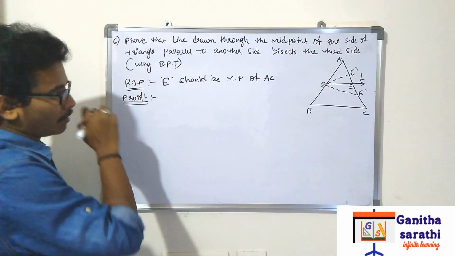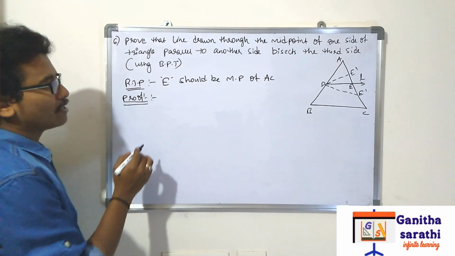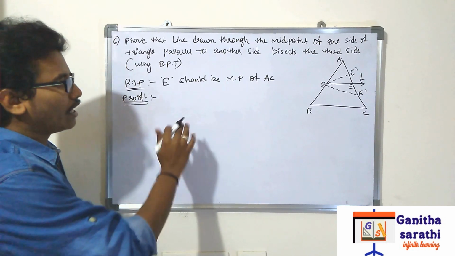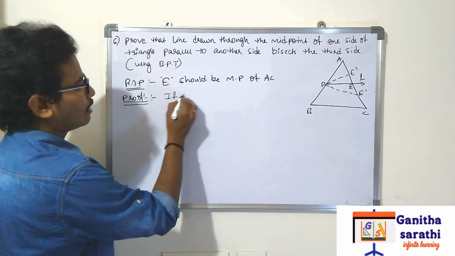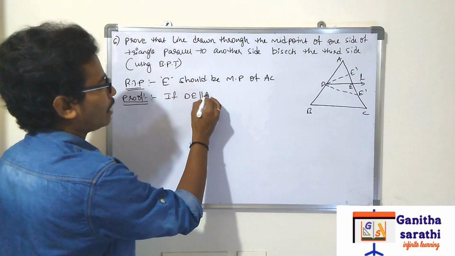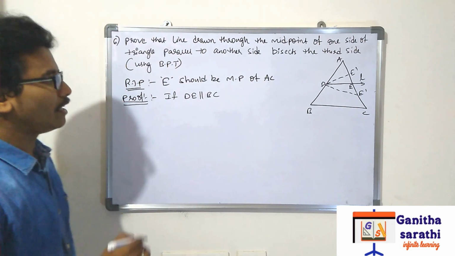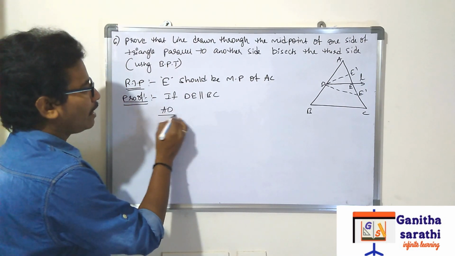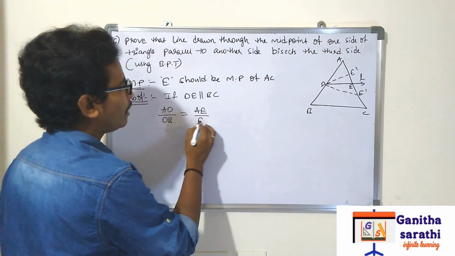Okay. Now see here. We all know what the basic proportionality theorem is. What is the basic proportionality theorem? If DE is parallel to BC, then AD by DB should be equal to AE by EC, right?